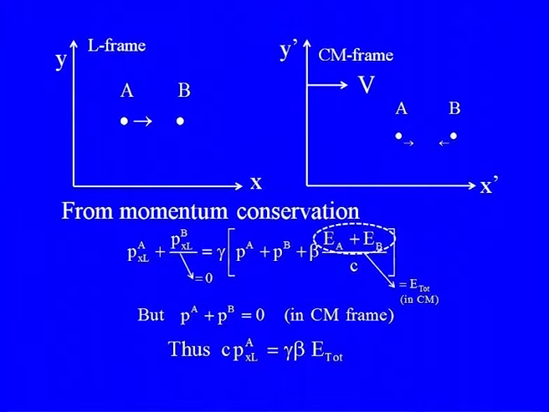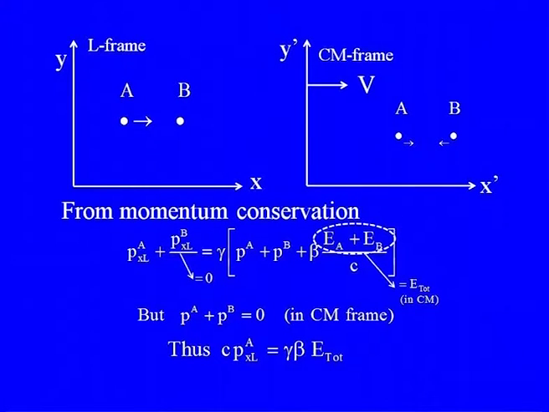Now PA plus PB is 0 in the center of mass frame, and the energies EA plus EB we simply call the total energy in the center of mass frame. In that case we get a rather simple looking relation which relates the momentum of A, PAxL in the lab system, with the total energy in the center of mass system.